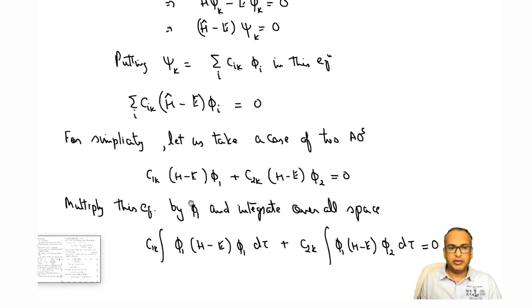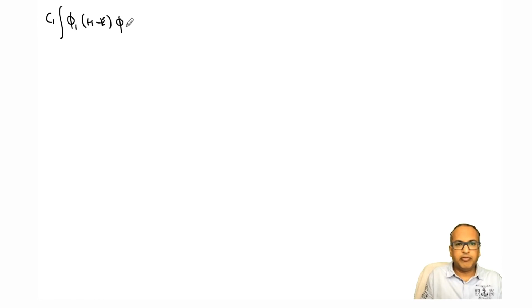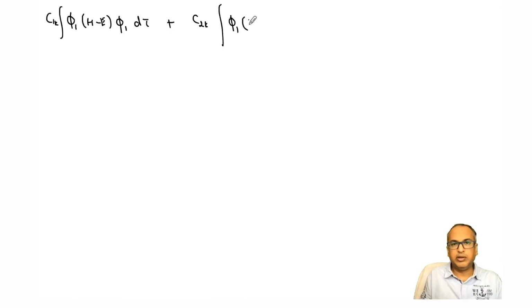All right. Okay, so let me go to the next page. So what do we have? Let me write that equation again so that we don't get confused. C1K integral phi 1 (H minus E) phi 1 d tau plus C2K integration phi 1 (H minus E) phi 2 d tau equal to 0.